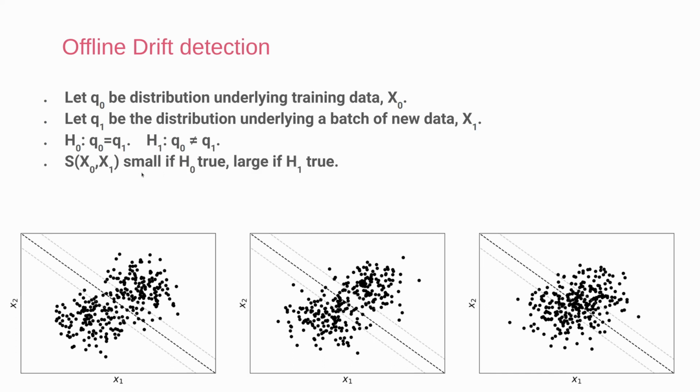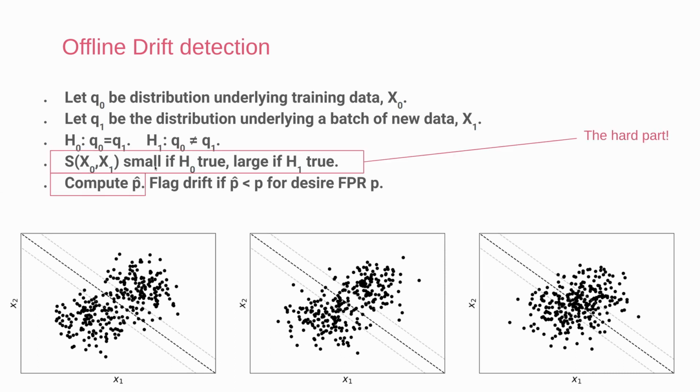And then we do our best to specify a test statistic that we expect to be small if the distributions are the same, and large if the distributions are different. Then we compute the p-value and flag drift if it's below some threshold that we specify to correspond to some false positive rate. But this is the hard part.